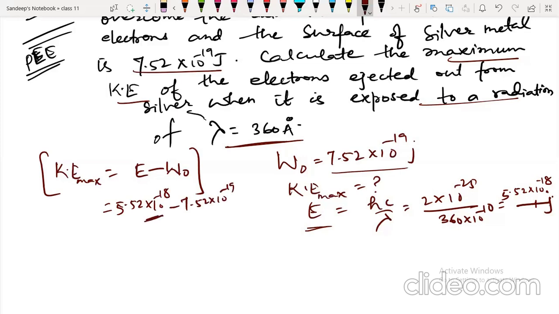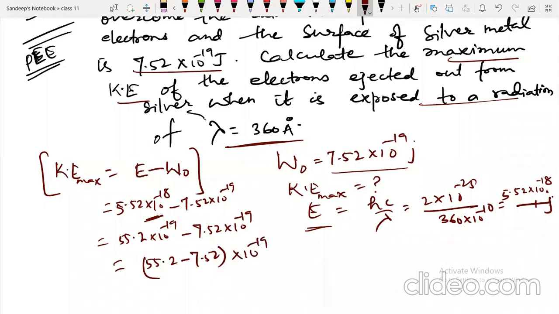Convert this into 10 to the minus 19 only. So 55.2 into 10 to the minus 19 minus 7.52 into 10 to the power minus 19. So it is 55.2 minus 7.52 into 10 to the power minus 19. So this will give you 47.68 into 10 to the power minus 19 joule.